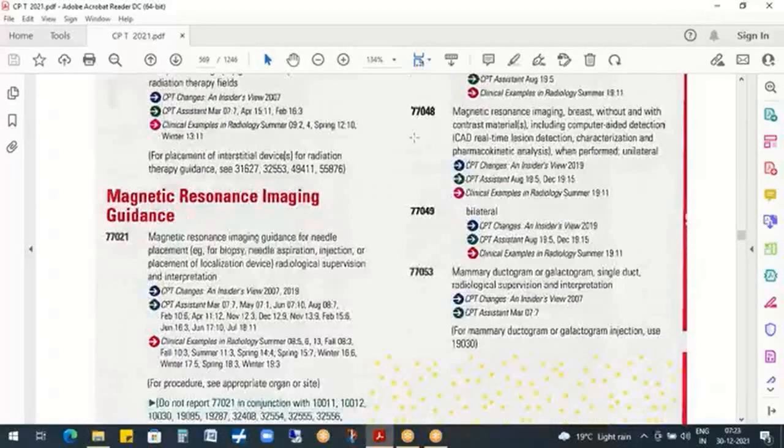Are you there, everyone? See the difference between screening, diagnostic, and therapeutic. Just note down the first point. Screening means no reason for visit.